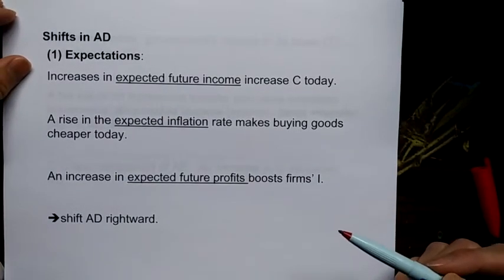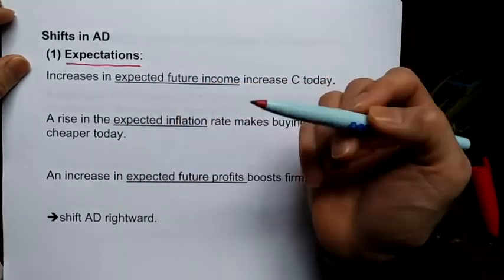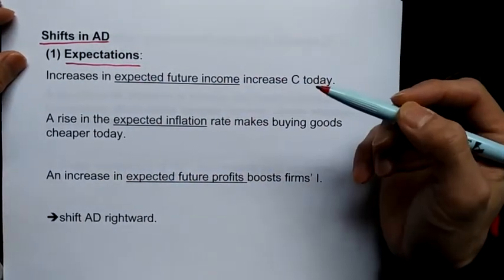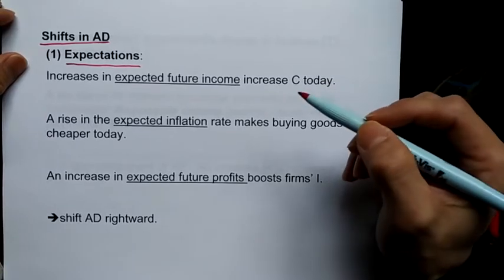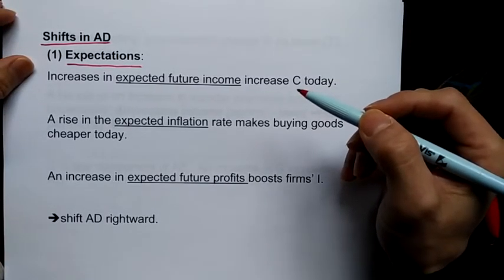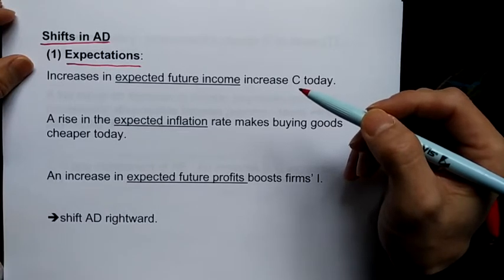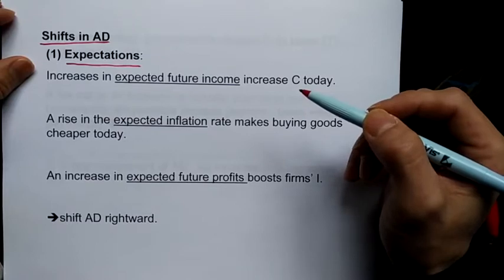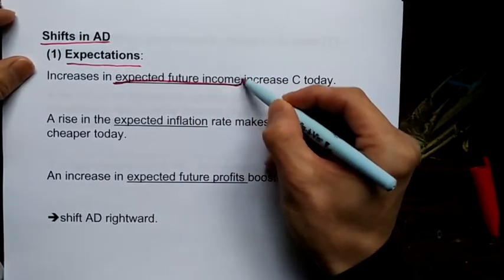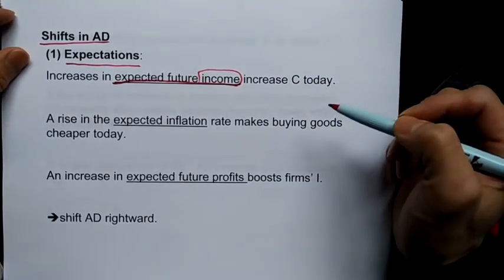First, expectations will shift the aggregate demand curve. Say for example, you are expected to be drafted by the NBA, the first one overall. So you expect your future income is going to be higher.